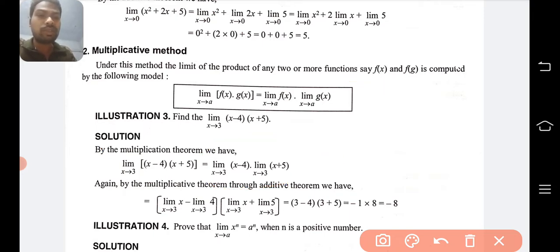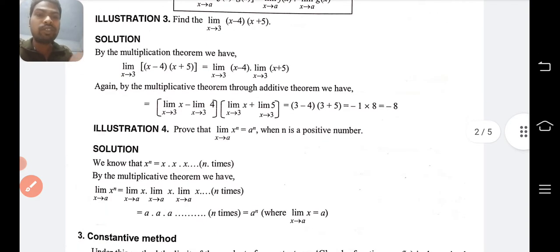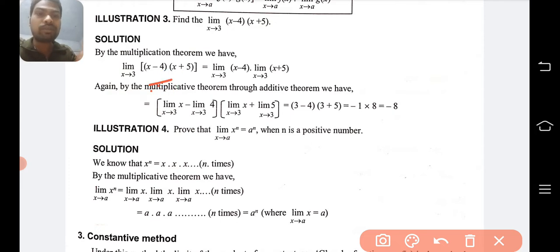So next, come to the additive theorem, which is applied here along with the multiplicative theorem, because here it is given x minus 4. Then we take the limit for this particular x and also the limit for the value 4.